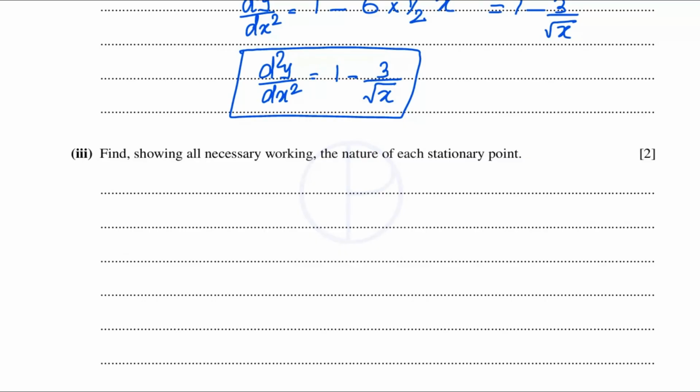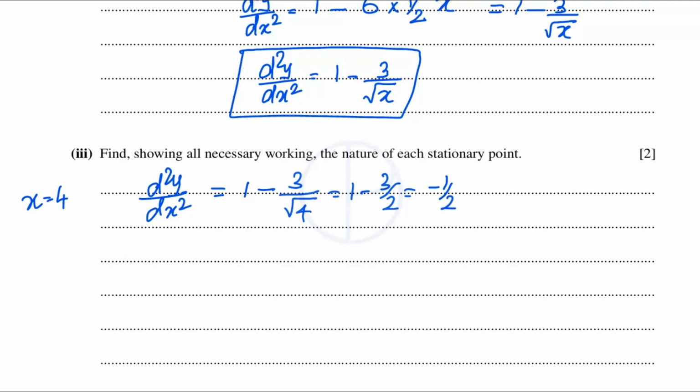The next part of the question is, showing all necessary working, find the nature of each stationary point. To find the nature of stationary points, substitute the x values in d square y by dx square. So when x is 4, d square y by dx square is 1 minus 3 over square root of 4, which is 1 minus 3 over 2, negative 1 over 2, and this is less than 0.